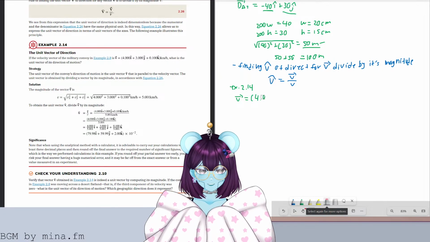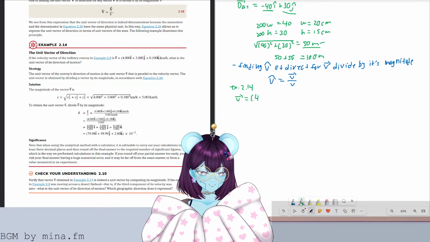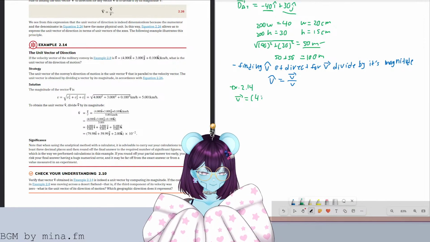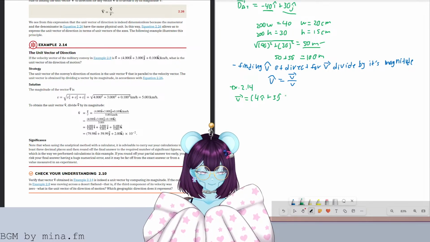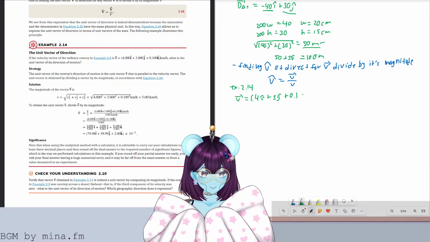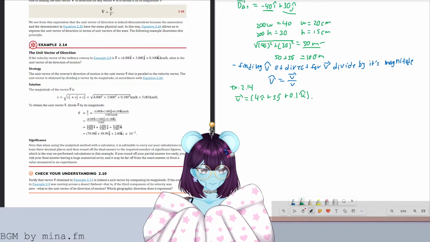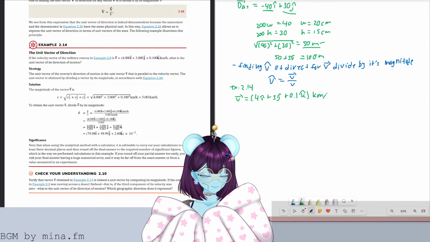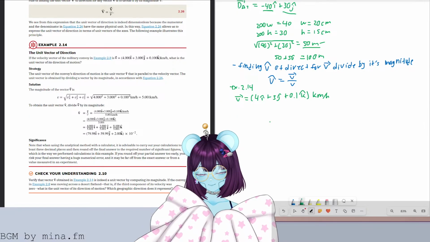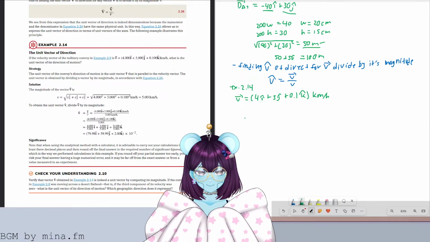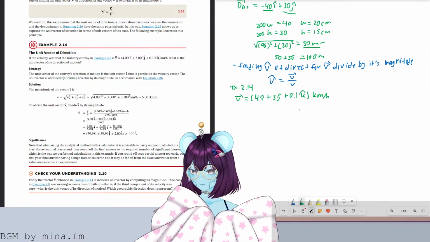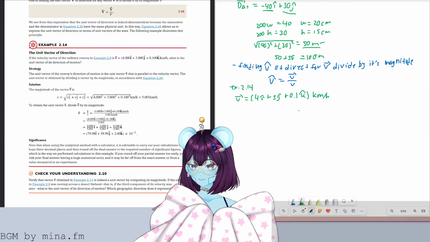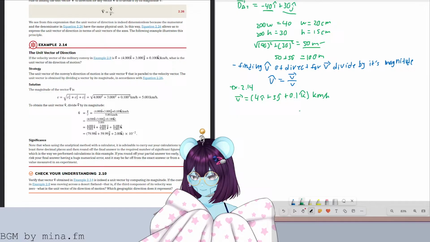There's too many zeros. It makes me confused. 0.1k. So we have this, and then we want to find what the unit vector of its direction of motion is.